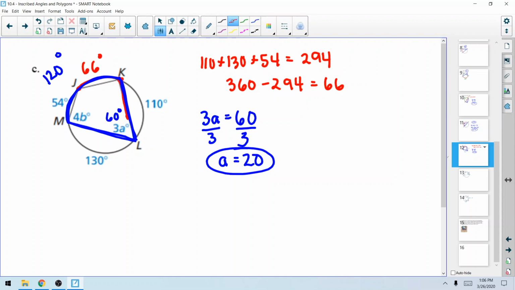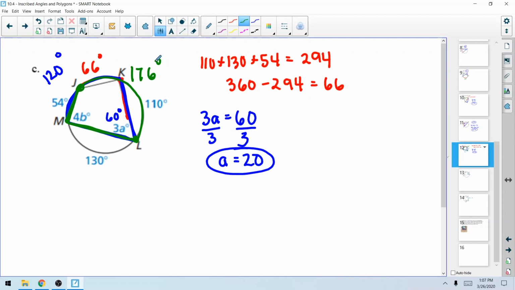Okay, now I'm going to move on to B. So 4B is right here and right here. And his intercepted arc goes from here to here. Okay, so that arc is a 66 plus a 110. So 66 plus 110 is 176 altogether. If I want to find the angle, you cut that in half.